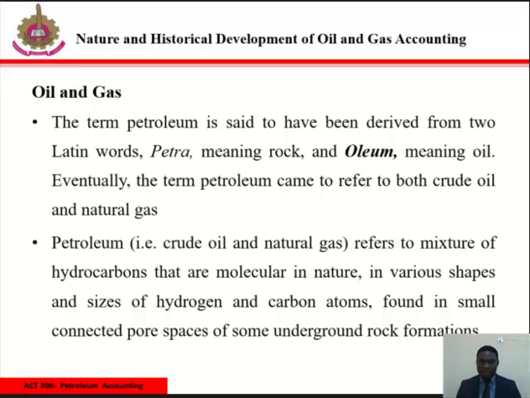Both of them refer to mixtures of hydrocarbon that are molecular in nature, in various shapes and sizes of hydrogen and carbon atoms, found in small connected pore space of some underground rock formations. That's the formation of oil and gas, how they form, and how we are going to be accountable for the distribution and the production of oil and gas.